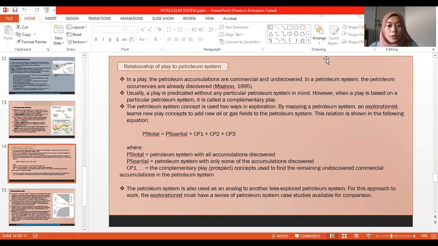The petroleum system concept is used in two ways in exploration. The first is by mapping a petroleum system, and exploration learns new concepts to add new oil and gas fields to the petroleum system and the region, as shown in the equation above: petroleum system total equals petroleum system partial plus complementary play 1, complementary play 2, and complementary play 3.